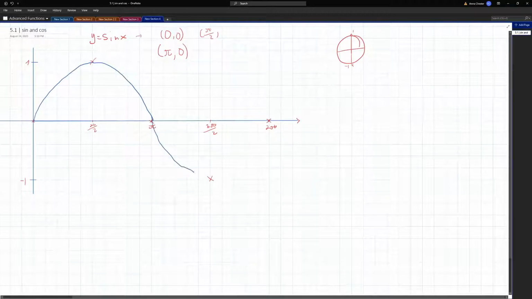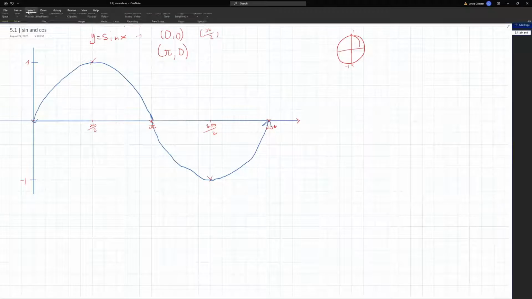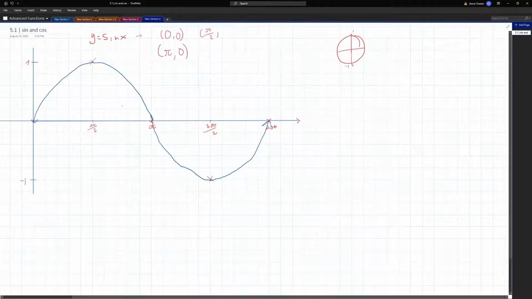Make sure when you're actually doing it yourself, it passes through all the points. There you go, that's the best I can do. Also, I've always been taught to add the arrows, because it's continuous, it's not stopping at those points, but perhaps your teacher will tell you it's not necessary, then you don't have to do it. So this over here is the graph of y equals sine x.